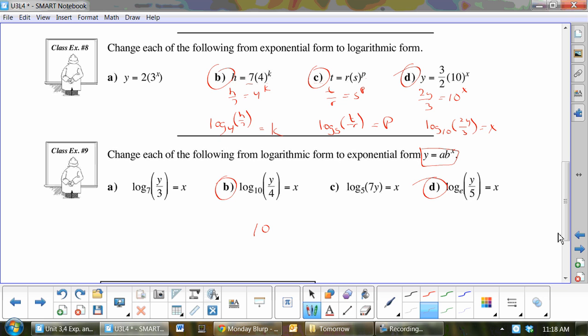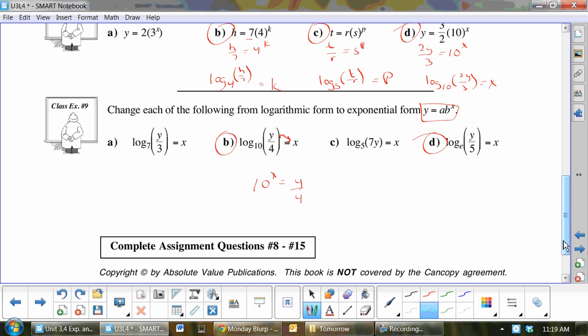No. No, these two trade, equals y over 4, right? Now, they want it in the form y equals a b to the x. No, this number will come up in front of here. So it'll be 4. Now, you don't really need the brackets there, but that's a good way to show times, right?